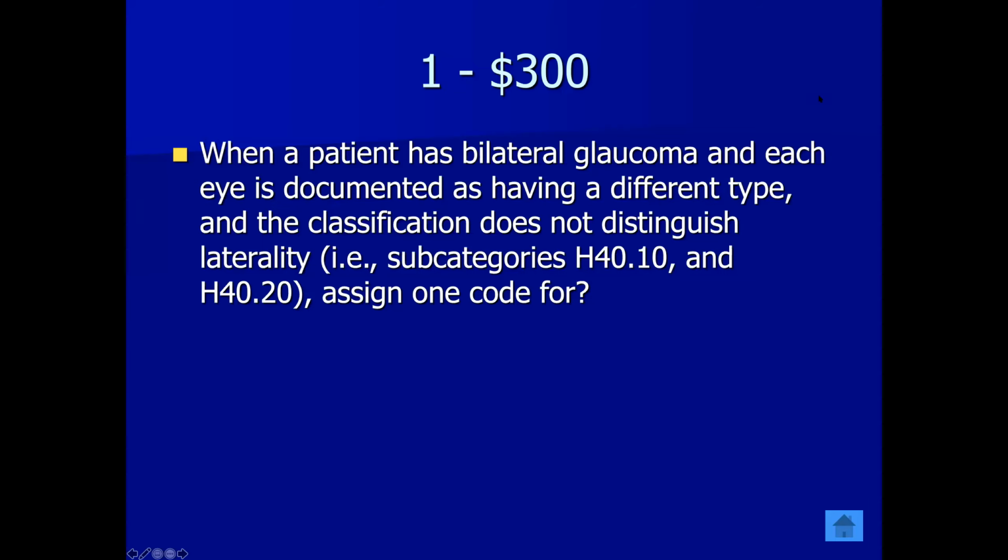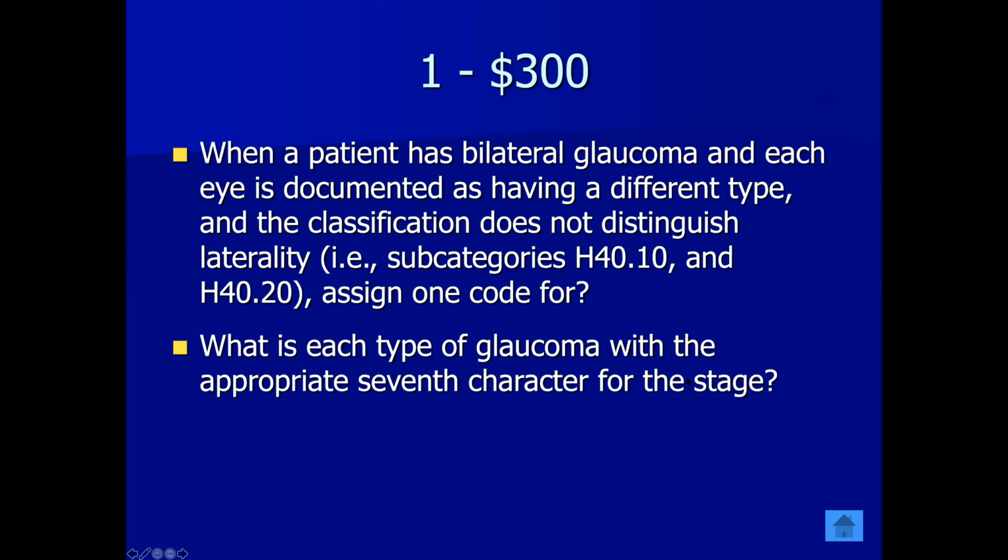The type of glaucoma bilateral with the 7th character? And the answer is, what is the type of glaucoma with the appropriate 7th character. I keep forgetting I got to say what is. That's all right. I'm going to go ahead and give you your points for that.